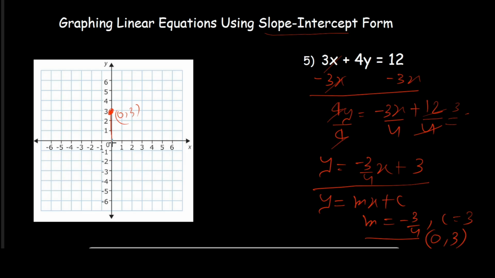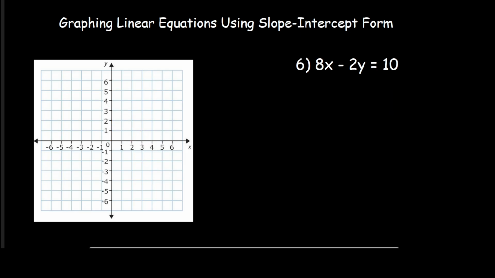So we have to move to the right side from this point 4 units. We have reached here. Now let's connect these 2 points with a straight line and add an arrow to both sides of the line. It shows that our line goes forever. So this is our solution.